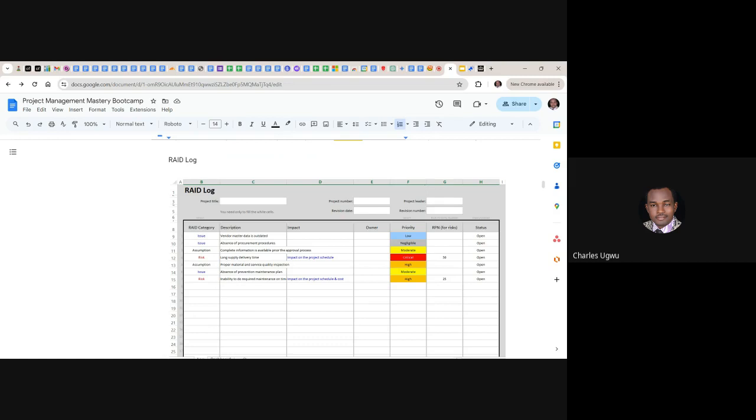So that's why we should equally capture dependencies within the project, making sure that whoever you are depending on is not going on leave, making sure that the person will do their job when they are supposed to do it, because if the person cannot do their job, it means you cannot do your job as well.